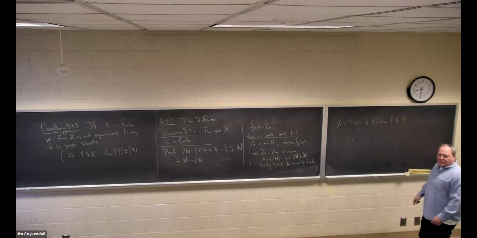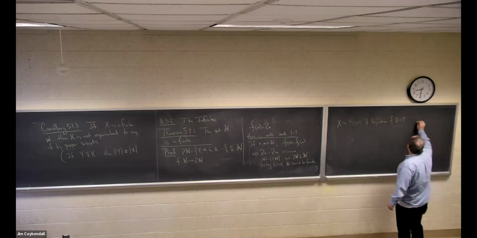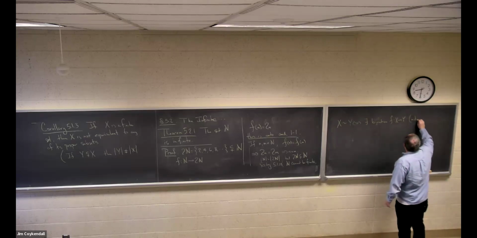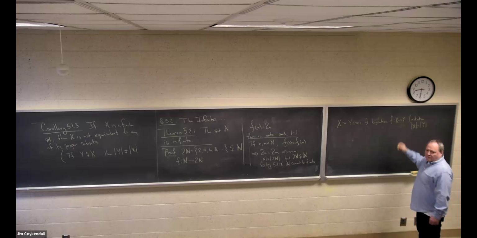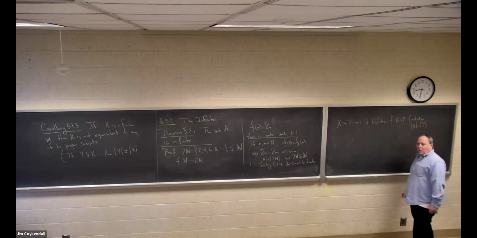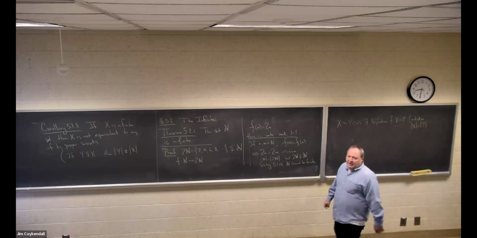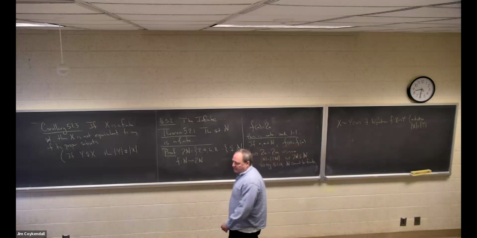This is what we meant for two things to be related. They have the same cardinality, and I also use this notation. It means that there's a one-to-one and onto function. And that's how we were going to define the cardinality being the same.